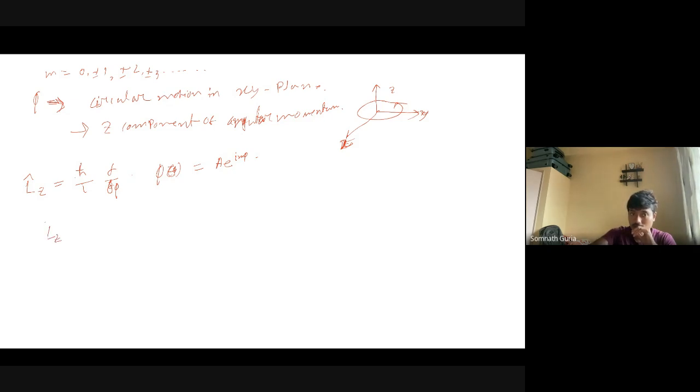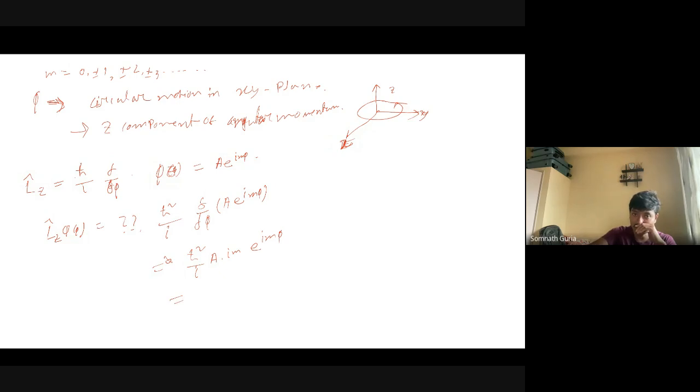So Lz phi will be h cross by i into del by del phi of a e to the power i m phi, which equals h cross by i times i m, and we have it over e to the power i m phi, right?